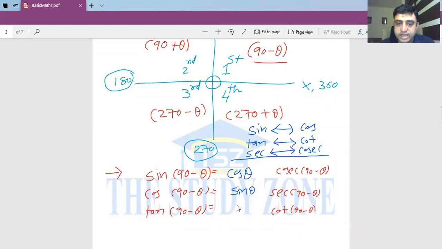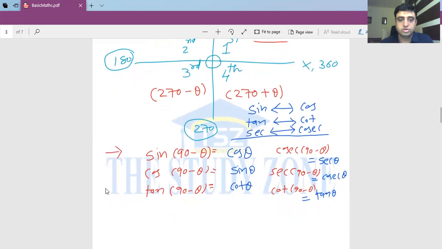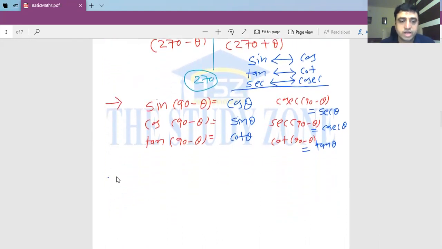Tan 90 minus theta is cot theta. Cosec 90 minus theta is sec theta. Sec 90 minus theta is cosec theta. And cot 90 minus theta is tan theta. So that is rule number one. What is rule number one? Conversion.